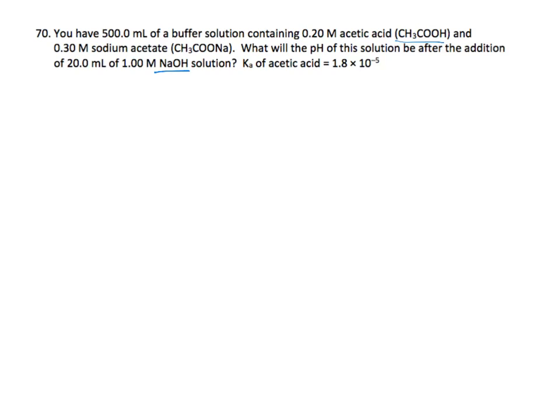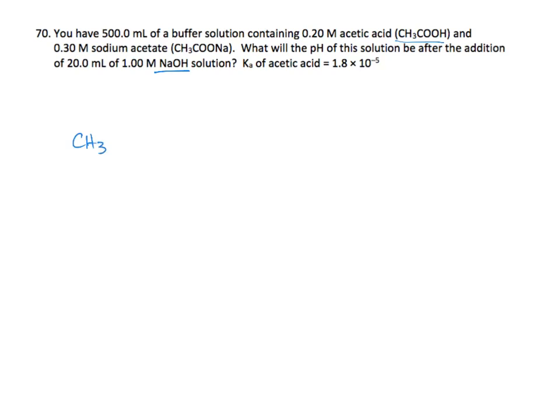Whenever you do a titration question like this, I guess it's not technically a titration, but whenever you're adding a strong base or a strong acid to a weak acid or a weak base, like we're doing in this case, we start out always by drawing a neutralization reaction and doing an ICF table for that neutralization.